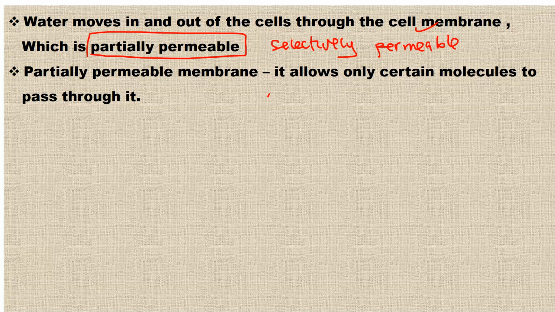Large materials are unable to cross into the cell, but small molecules are able to cross without difficulties into the cell. In other words, it selects material to enter or leave the cell based on its size. Okay, so partially permeable membrane.